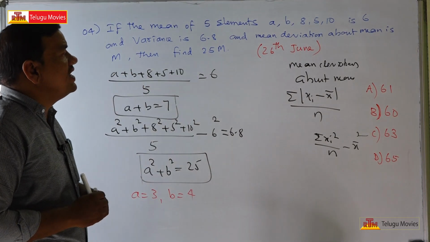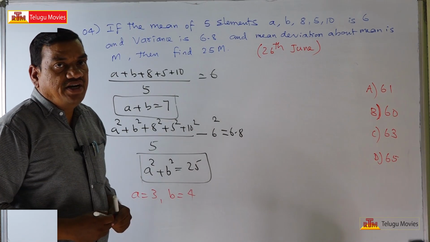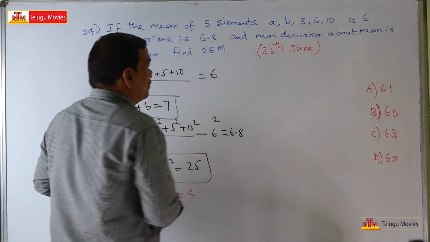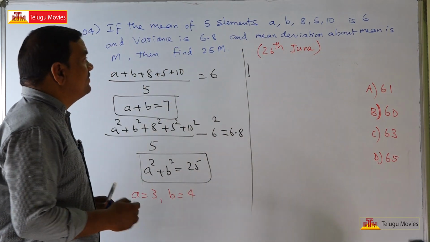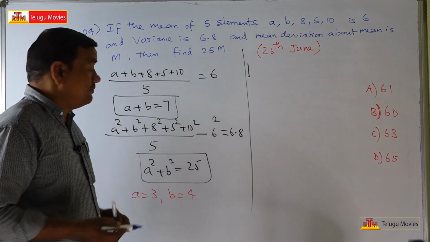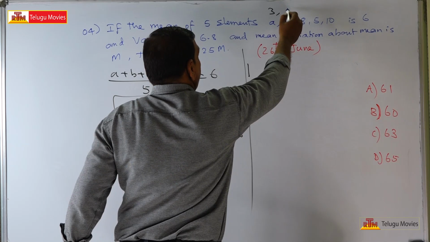Now find the mean deviation about mean using this formula. Mean deviation about mean is the modulus of each number minus the mean. The values are 3 and 4.